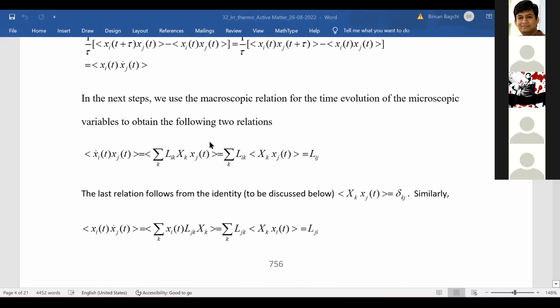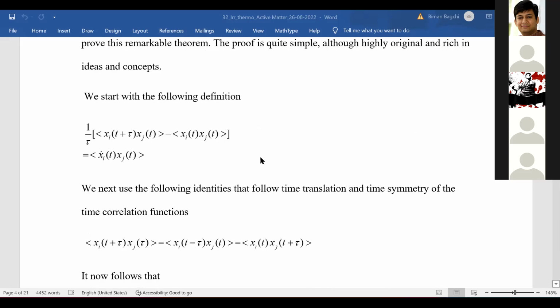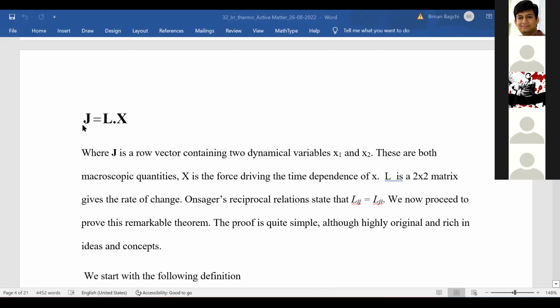Now, however, what we have not discussed is these Xk, Xj, capital X, remember? In what I have done, this is the Onsager relation, J equal to L dot X. J is the flux, and X is the force.